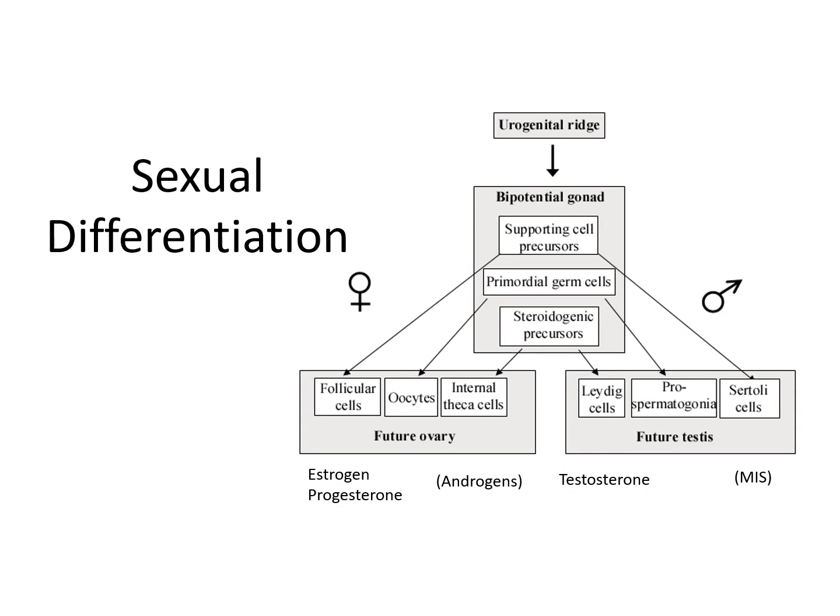A germ cell is a gamete or a cell that will give rise to gametes through meiosis. And then we also have a population of steroidogenic precursors. These are cells that will give rise to cells that are endocrine in nature and produce steroid hormones.